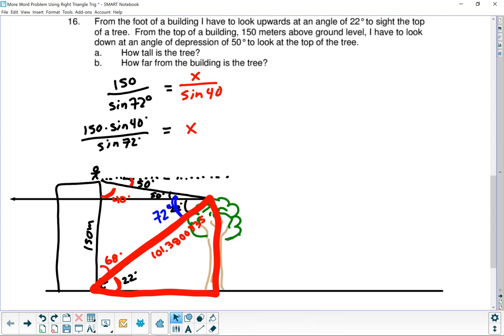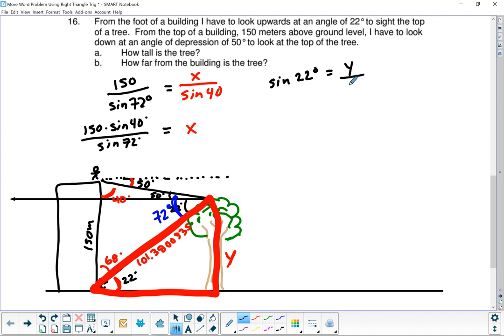I already know this side is 101.380335, and I want to find this distance right here. We'll call that y. This is opposite and hypotenuse, so we'll work with the sine. Sine of 22 degrees is equal to the opposite, which is y, over the hypotenuse, which is 101.38 and a bunch more digits.